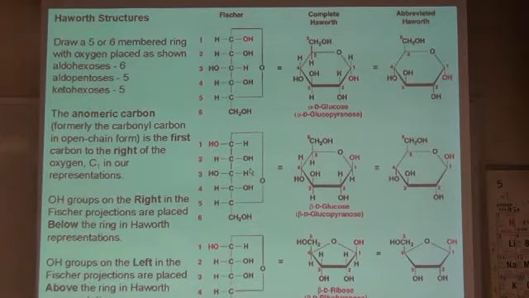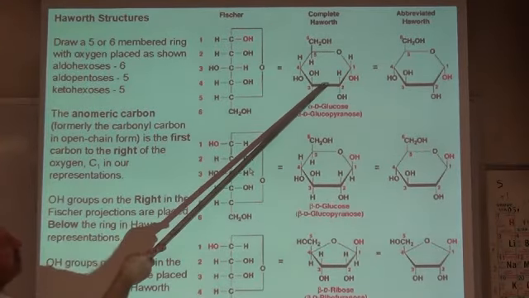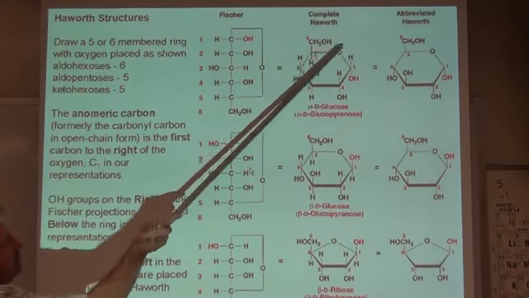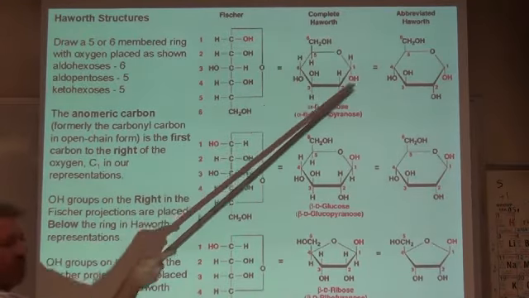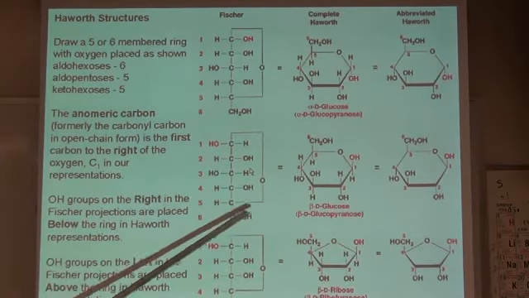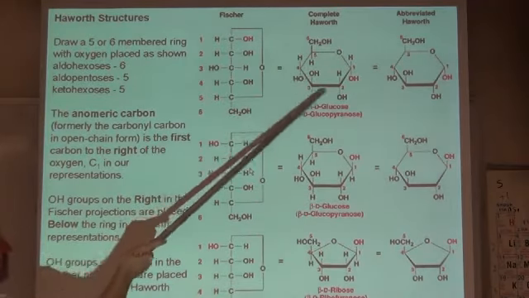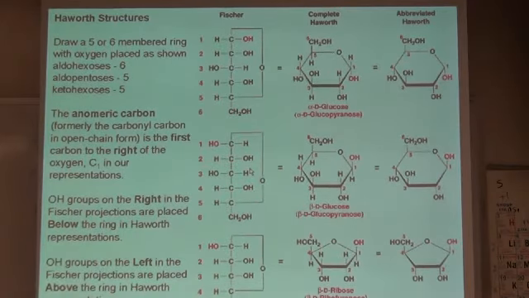Now, once you form a ring, once you close your Fischer into a ring, rings are very rigid structures. You don't have free rotation around the bonds anymore. Okay? You had free rotation when you had your open Fischers, but you don't have free rotation once the ring closes.